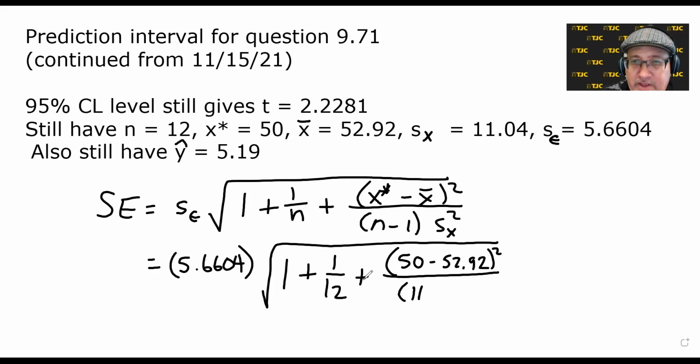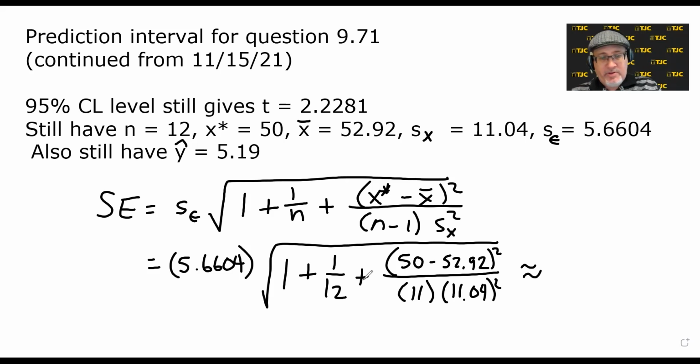Sx, which is 11.04 squared. So all this goes into a calculator and gives us a value for the standard error. I'm going to call out what I'm typing in. I'm going to start with the big fraction under the square root.